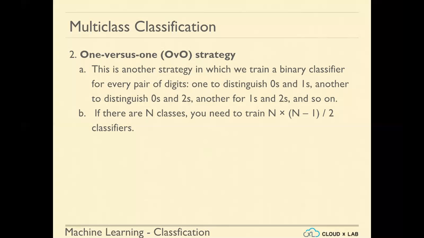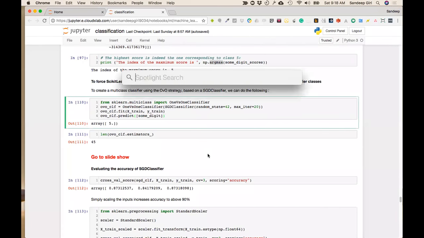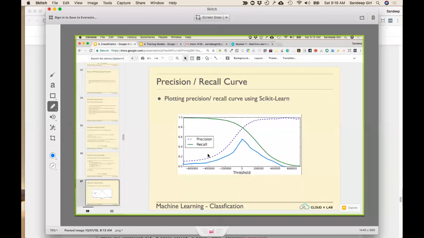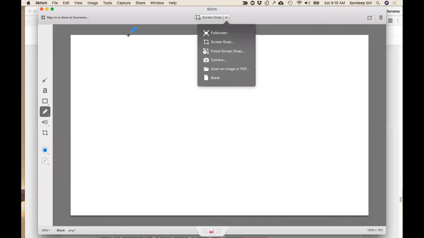So one versus one creates all possible unique pairs.